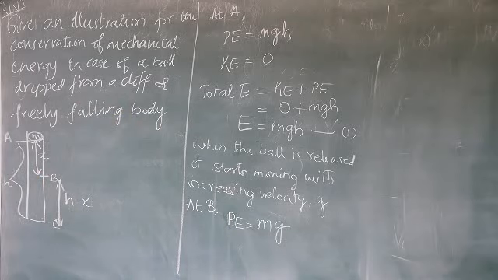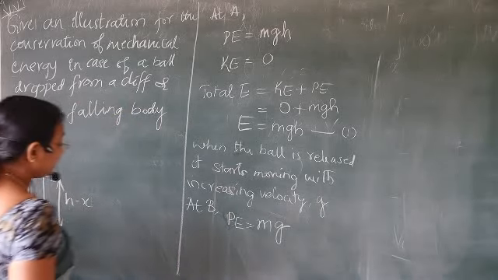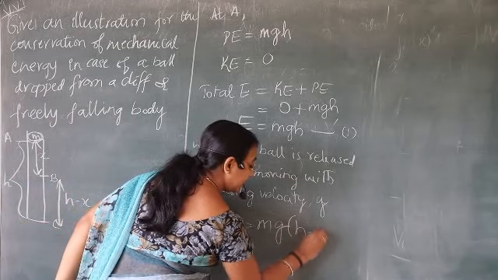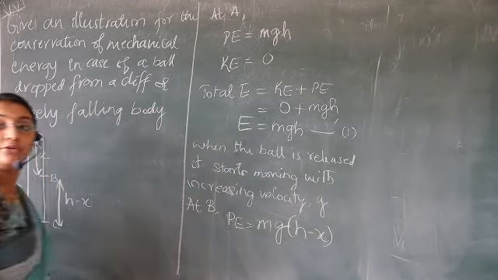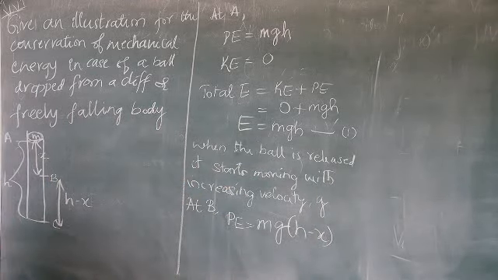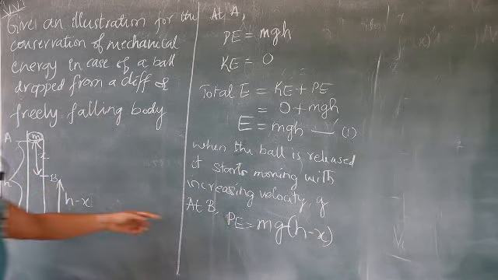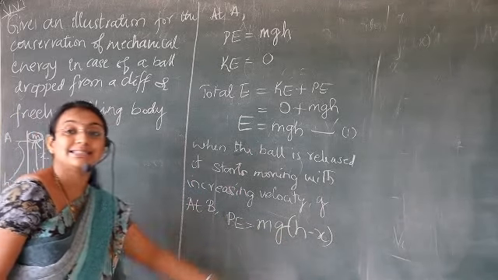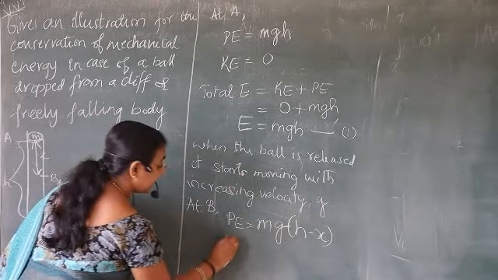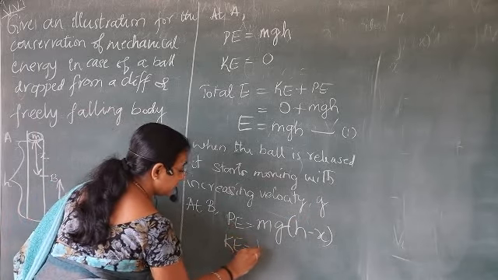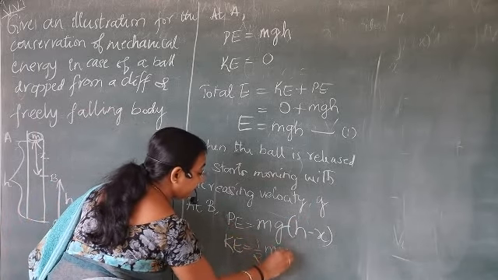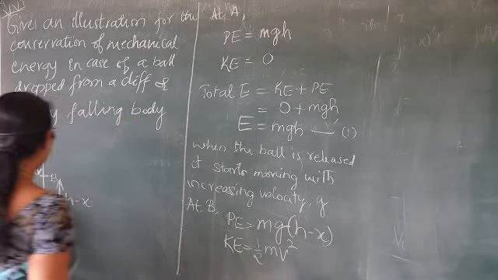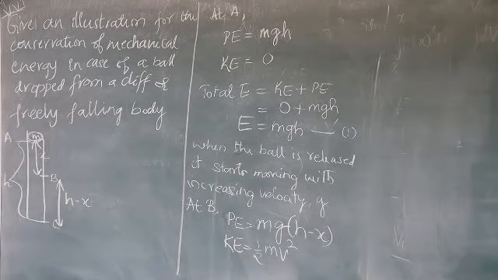The height at the point B, from the ground, is h minus x. What about the kinetic energy? Kinetic energy is equal to half mv square. So this is nothing but the kinetic energy.